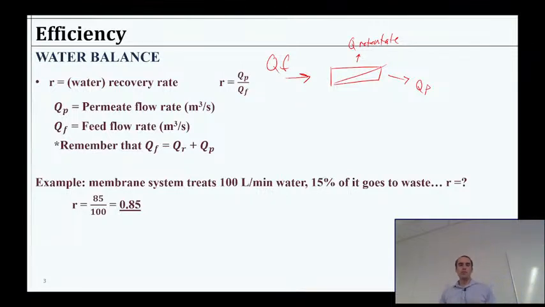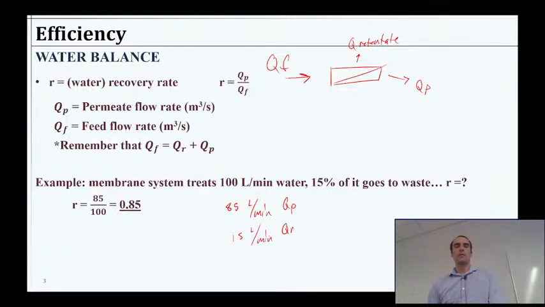Okay, so as an example, we could do a real quick one just in our minds here. If we had a membrane system treating 100 liters per minute of water, and 15% of it goes to waste, then the water recovery rate should be 85%, right? 15% is going to waste. Water recovery should be 0.85 as a fraction. Hopefully very straightforward. In that case, we could even say that's 85 liters per minute for the QP, and then the QR, that's the retentate, would be 15 liters per minute.